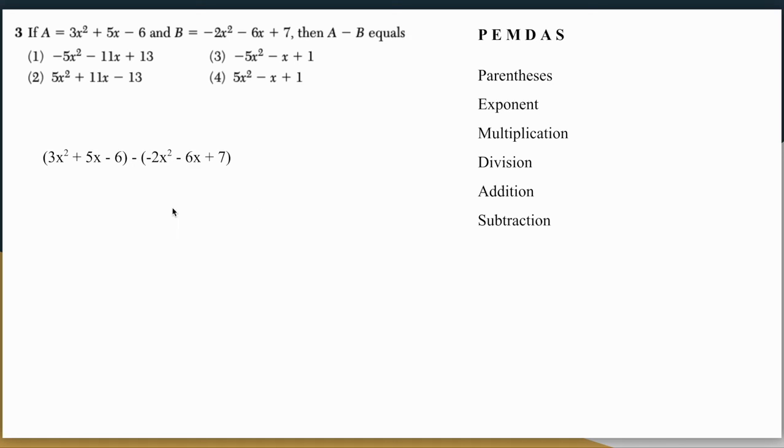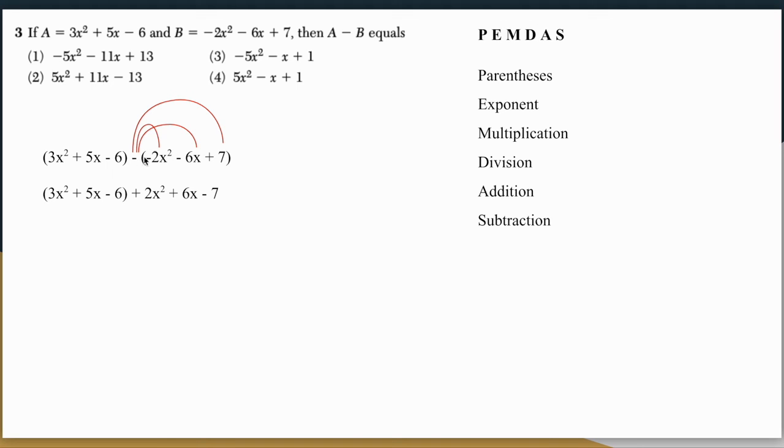Now this is a very tricky question. Why? Because we have to distribute this negative sign. This is very important. Why? Because this is similar to an imaginary negative 1 here, times this thing. So we're going to distribute that negative 1 to each of these terms in the other set of parentheses, which is negative 1 times negative 2x squared.